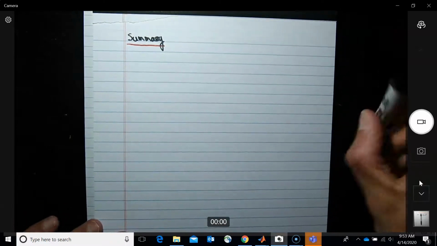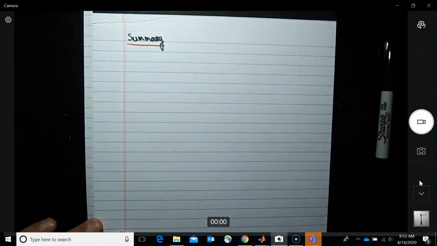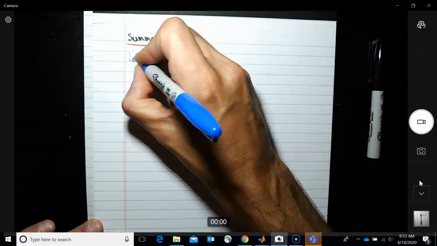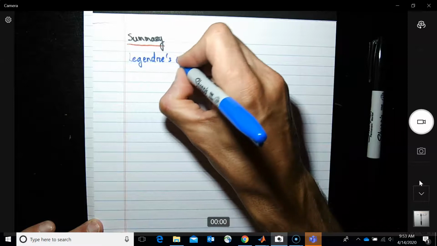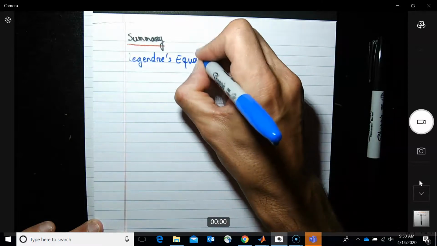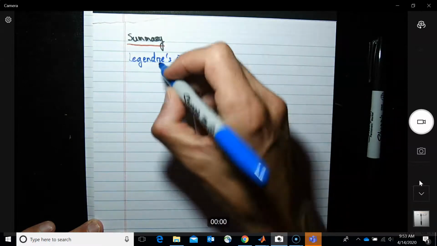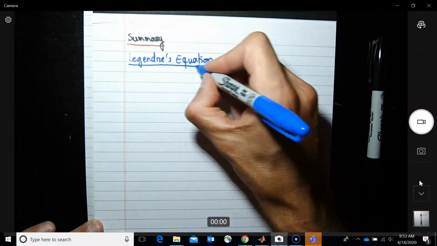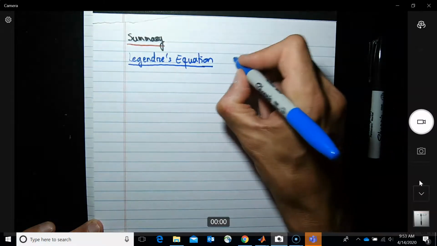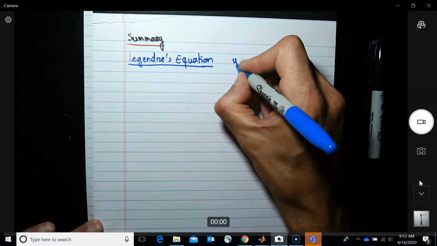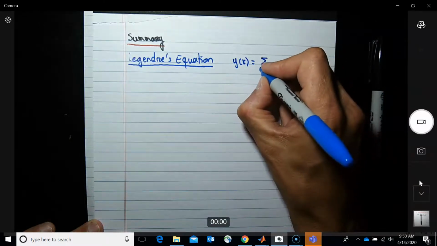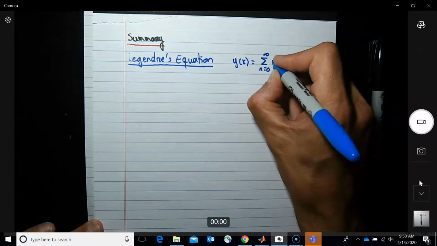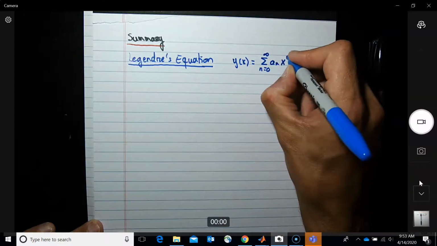So the first thing we looked at is Legendre's equation. For the Legendre equation, we assumed the solution to be y of x equal to the summation from n equal to 0 to infinity of a sub n x to the n.